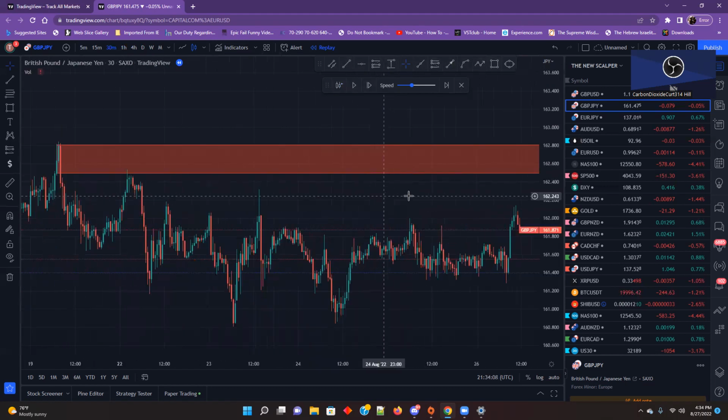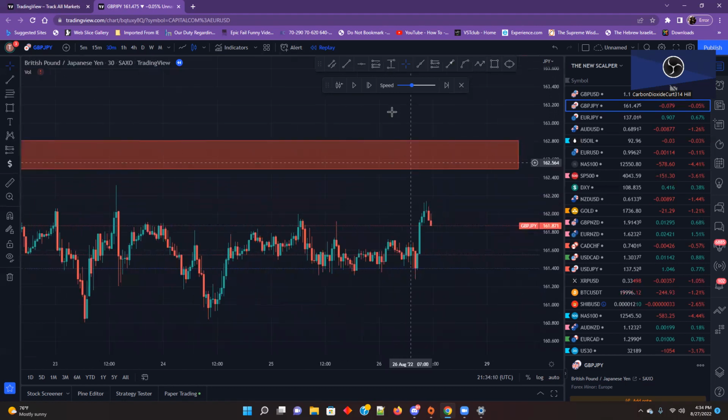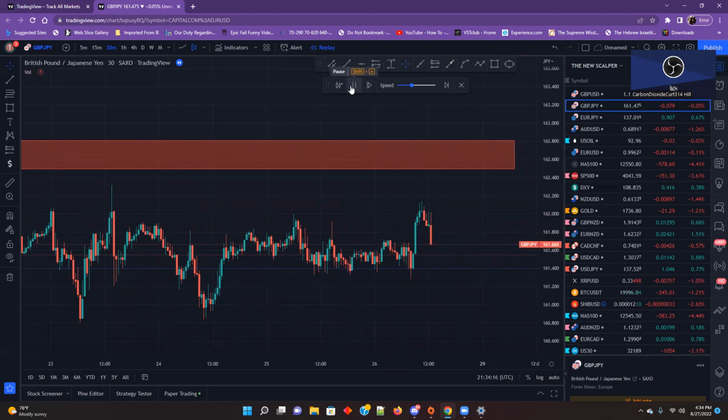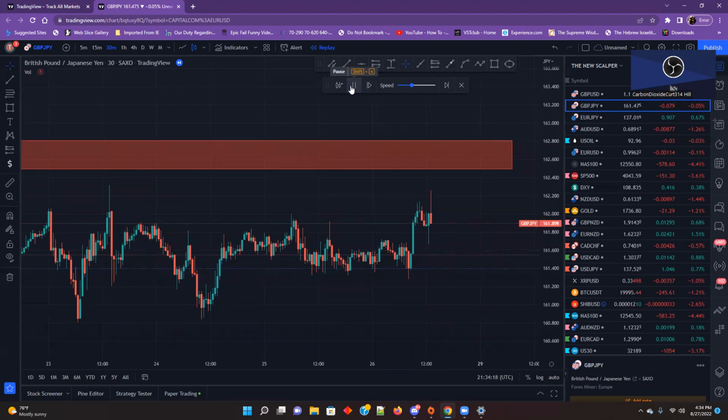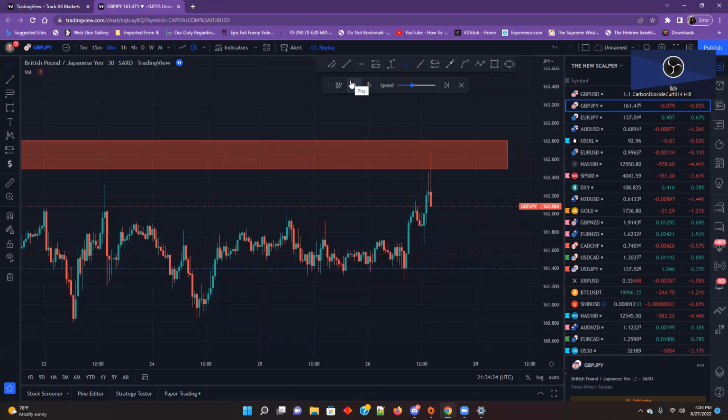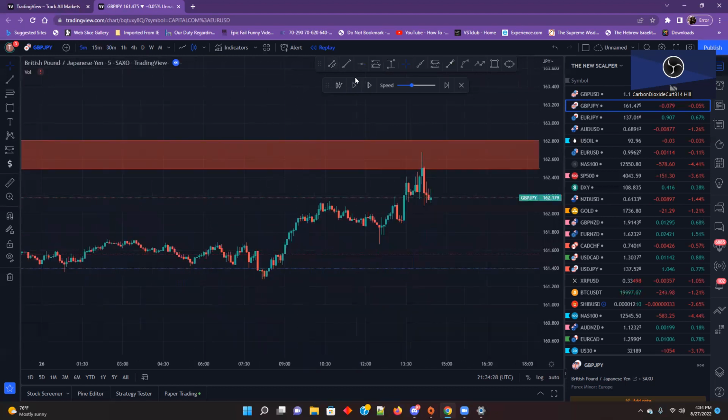So it's right here, and you think, okay, it's got to come up there. So let's do it on the M30. M30 is a really good one. So it drops down a little bit, and it flies up, right? I'm going to have to go down to the M5.